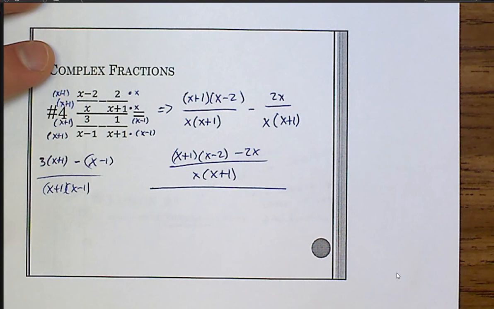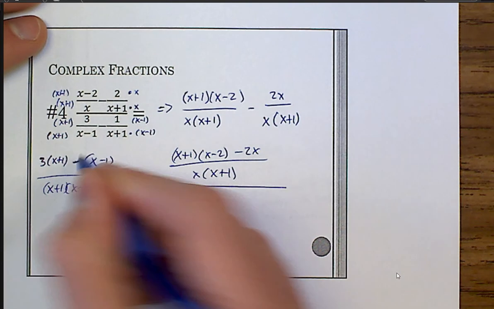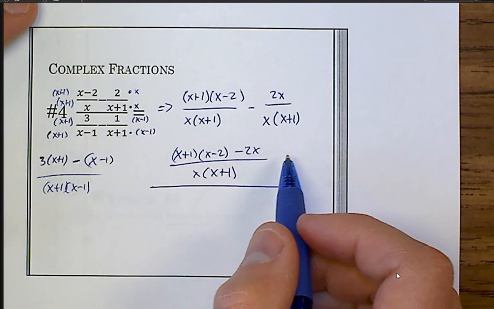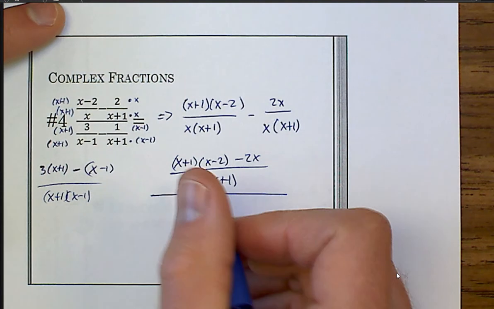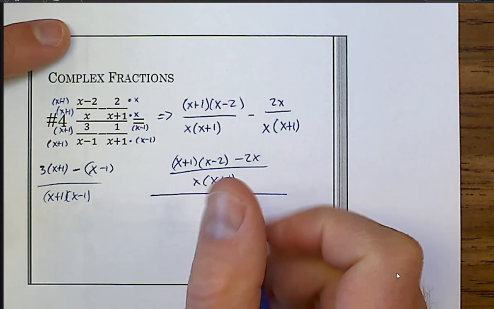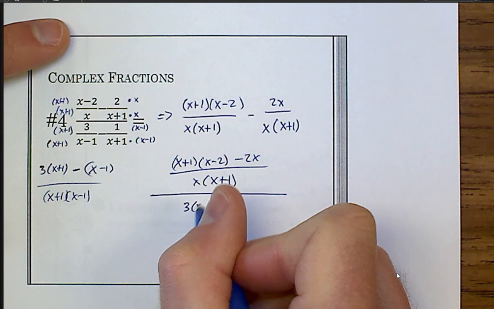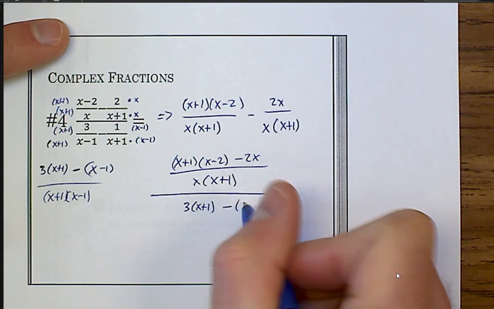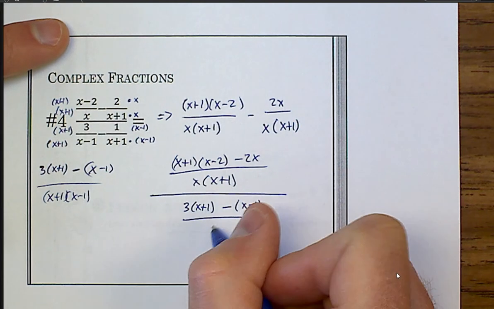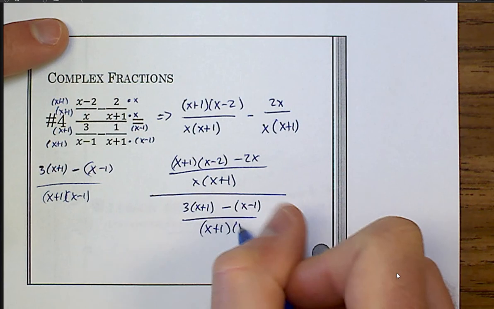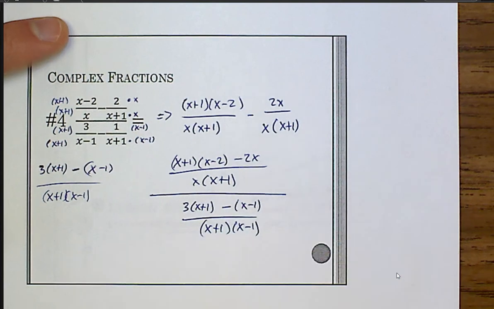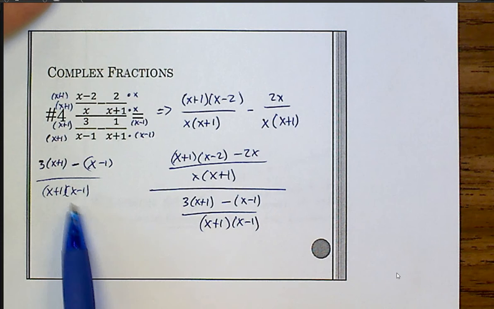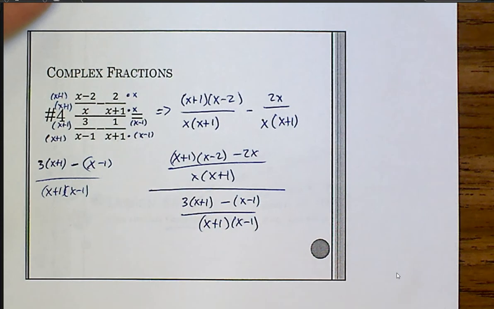Now, this gets a little sticky here. Nothing's going to end up crossing out. Well, let's just see what I got here. I'll write this in. Let's see if I get anything out of it. So there's my denominator, I guess, after simplifying that.